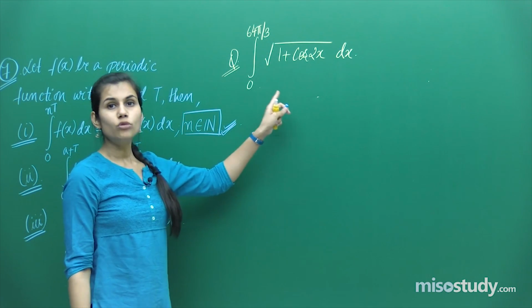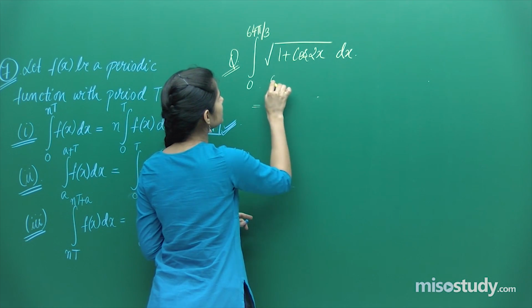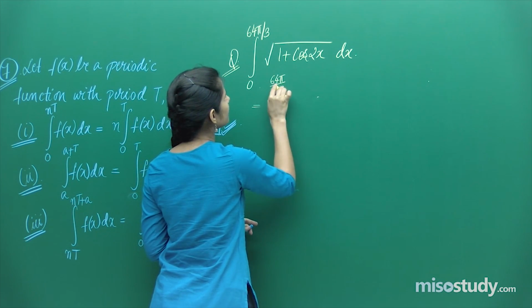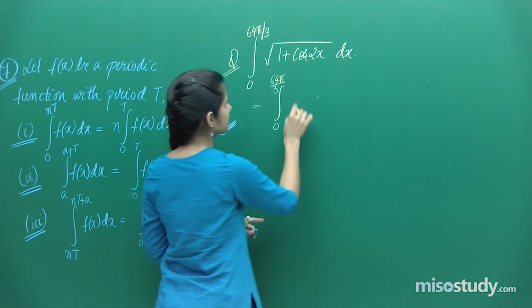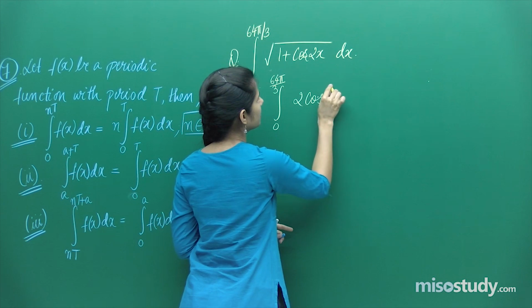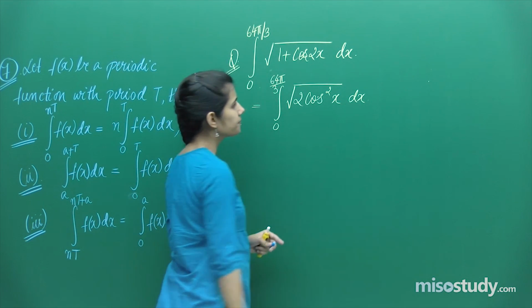Talking just about the integrand is going to make me reach the step that 1 plus cos 2x is 2 cos square x, with this under root sign.